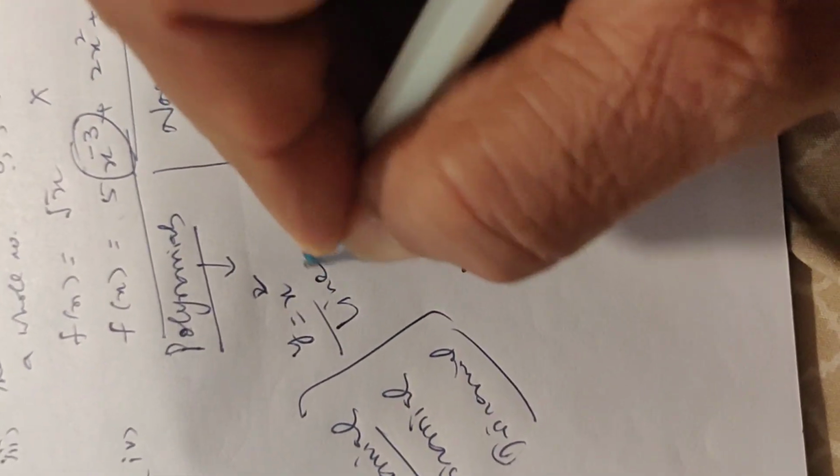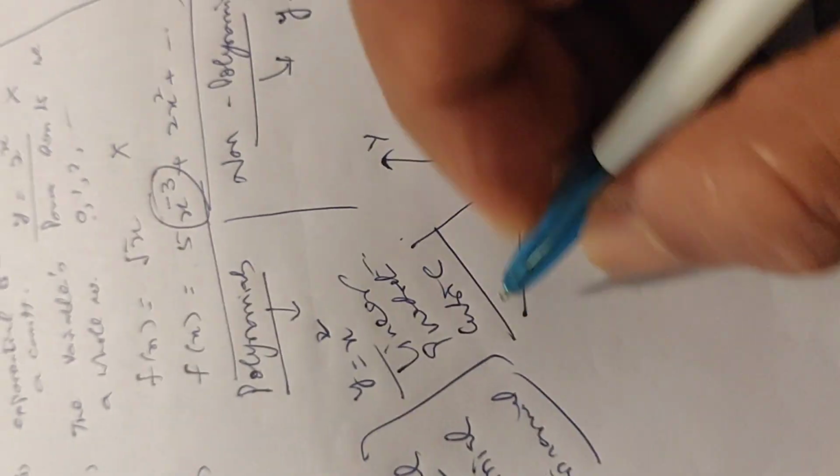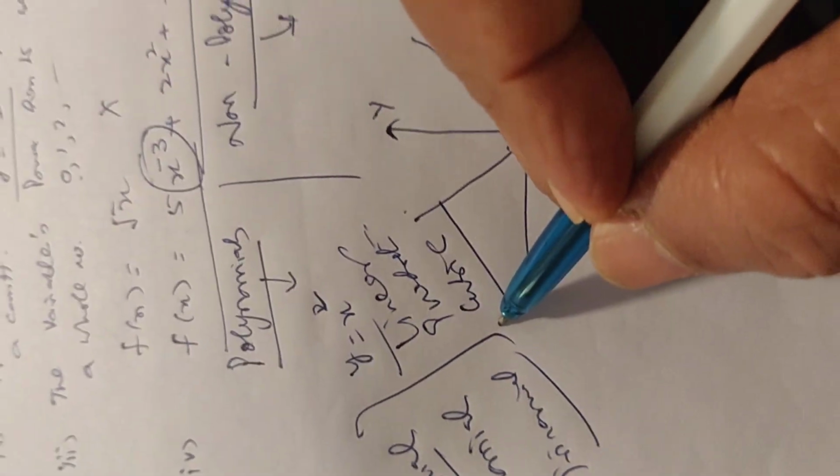So I sum up, let us not confuse monomial, binomial, trinomial with linear, quadratic and cubic polynomials.